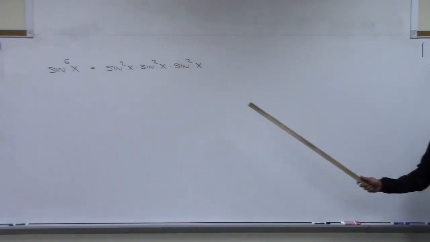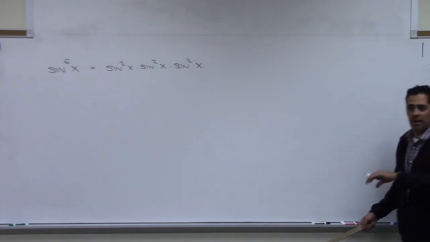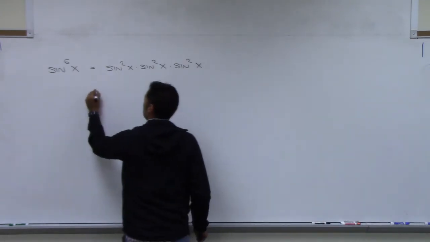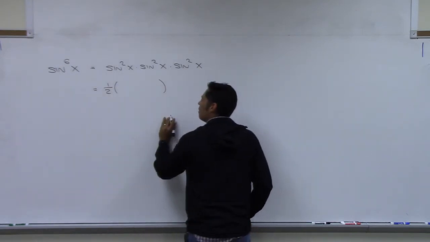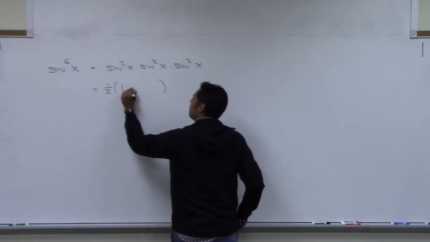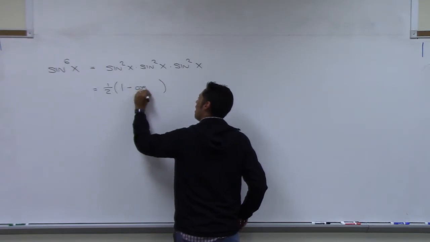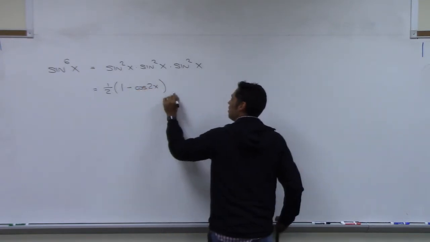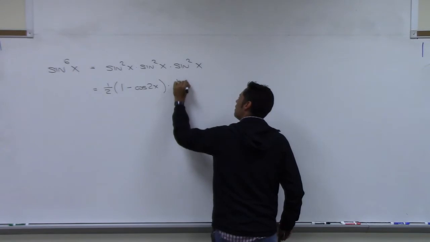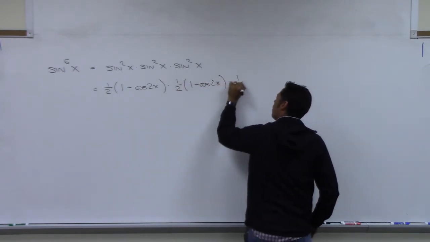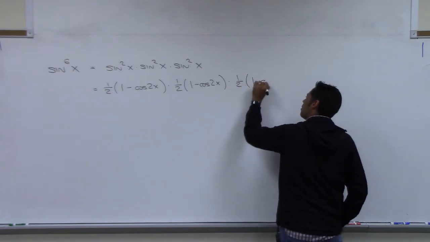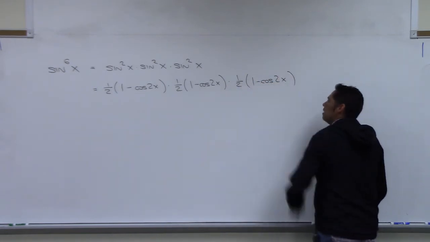Each one of those has its own reduction. So this first one turns into 1/2 and then parentheses, 1 minus cosine 2x. And the next one does the same thing: 1/2, 1 minus cosine 2x. And the next one, 1/2, and then 1 minus cosine 2x.